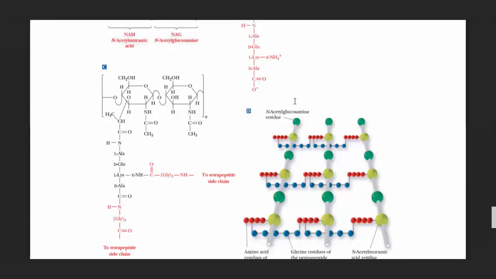This is the repeating disaccharide. The tetrapeptide side chain, in red, contains L-alanine, D-glutamine, L-lysine, D-alanine, and then we have C double bond O minus.